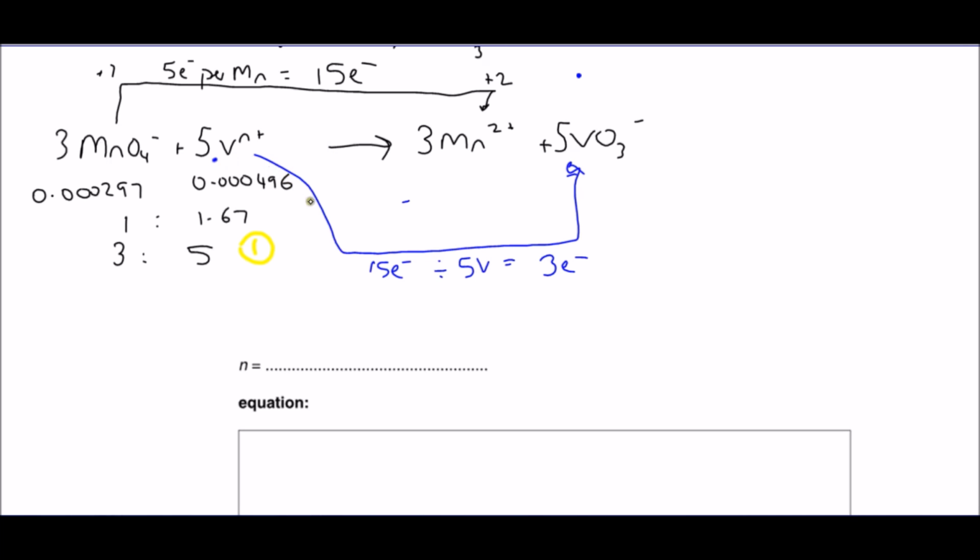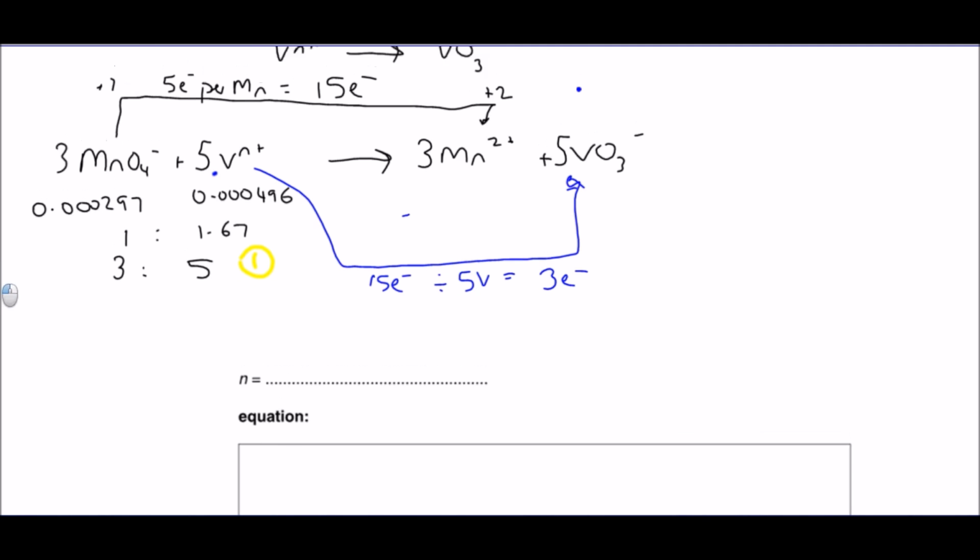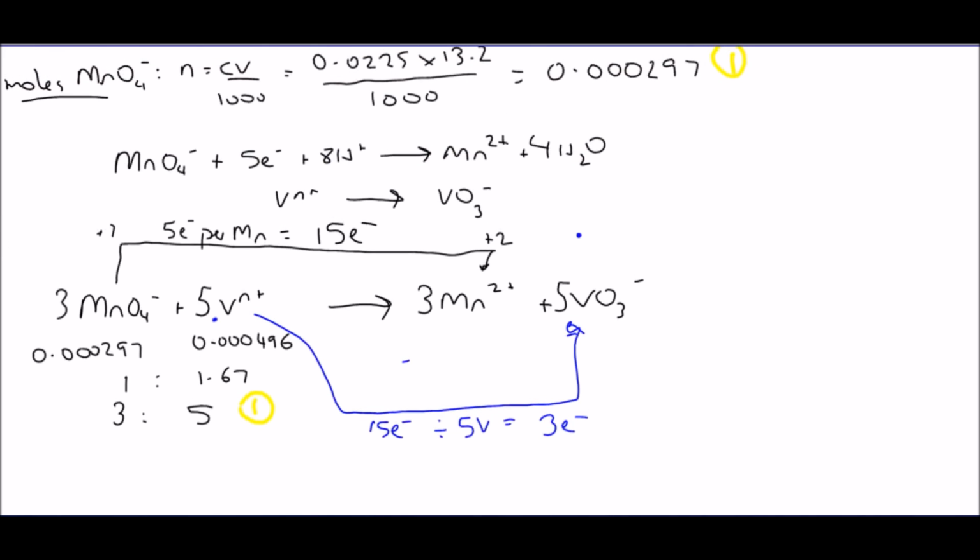So 15 electrons, but we've got 5 vanadiums, so 15 divided by 5 means that each vanadium changes by 3 electrons. So we know that, let's just put this back up here, the vanadium here going to here is changing by 3 electrons.